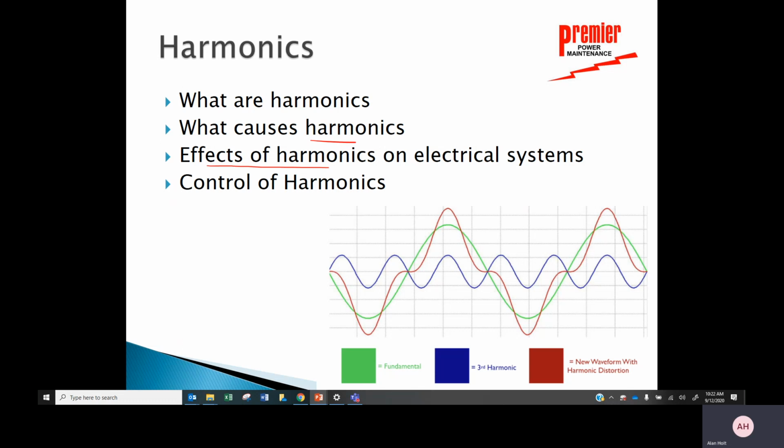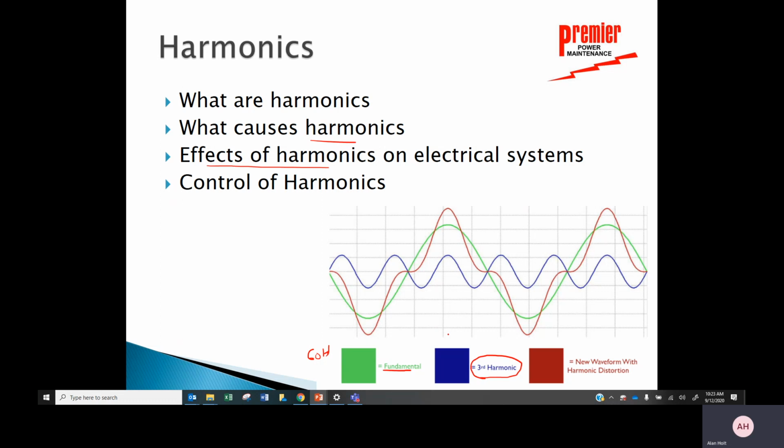Basically, I have a waveform here, and you can see some various waveforms. We're going to talk about each one of these topics separately in just a little bit. We have a fundamental frequency, which typically in our world is 60 hertz. Then we have some other harmonics that ride along with that. In this case, we've drawn a third harmonic, and we'll discuss that further.